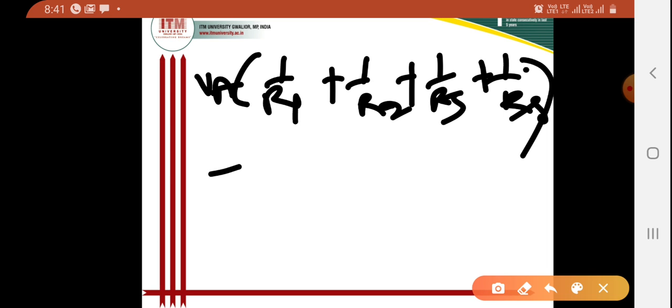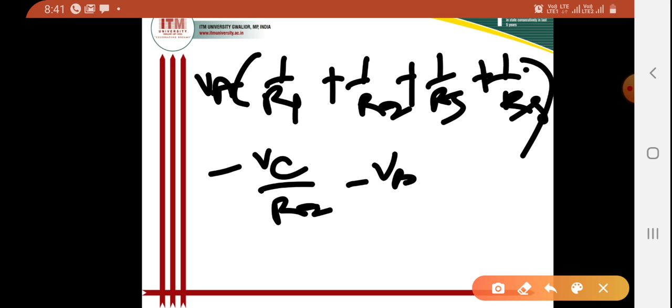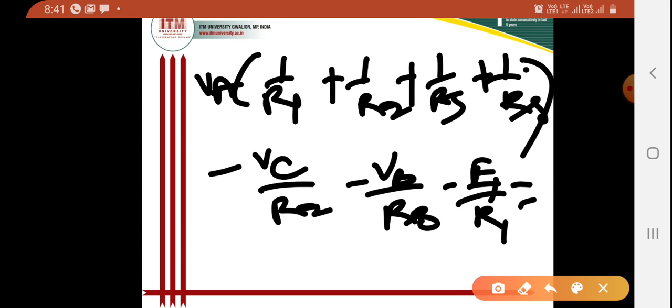minus VC by R2 minus VB by R8 minus E1 by R1 is 0. I am writing for the figure I have just shown, and this is for node 1.